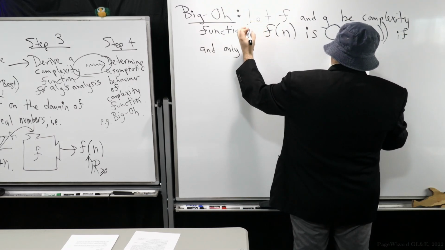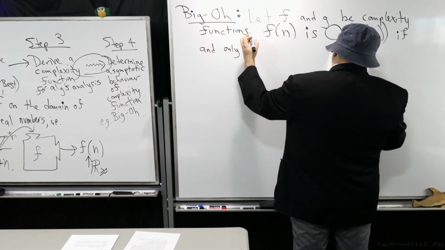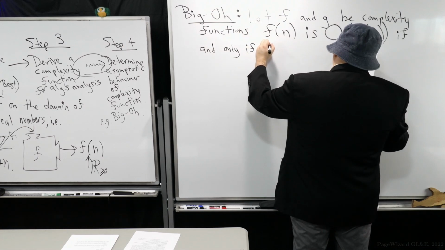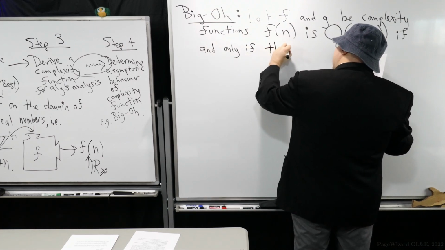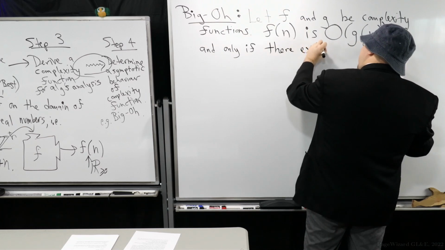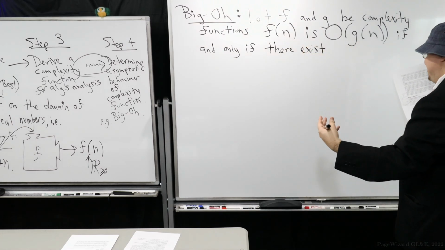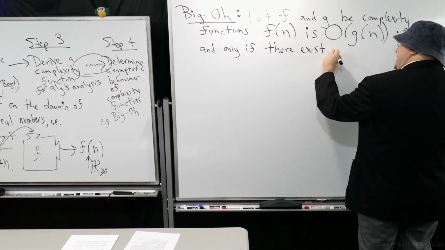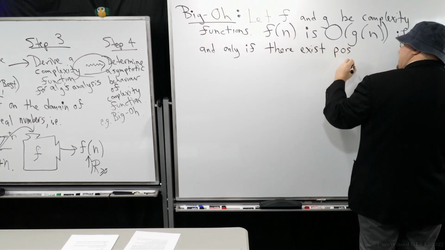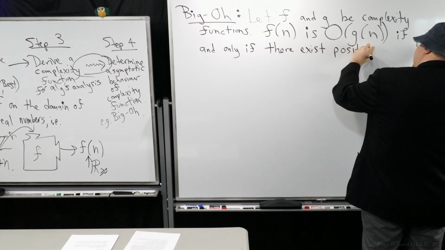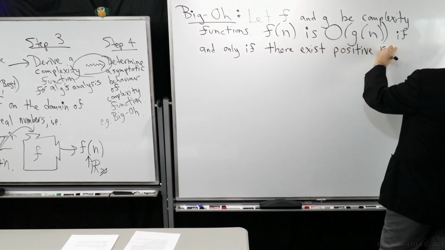Okay. So let's talk about this. So if and only if there exists. You're going to see that I'm going to describe this in a way that's also going to sound like a game of sorts, where we're going to try to figure out some of these interesting numbers here. So watch. There exists a positive real constant.